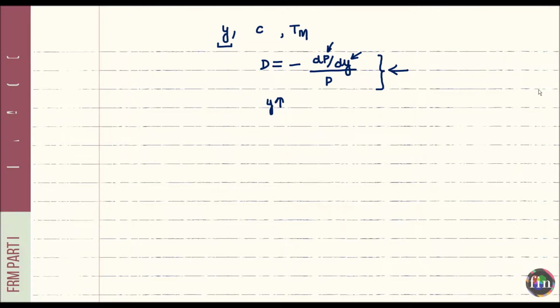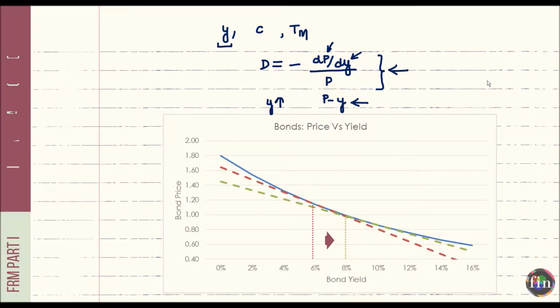To do that, let's plot the price versus yield relationship of a fixed income security, specifically a fixed coupon bond, and see if by looking at this profile, P versus Y, we can figure out how D reacts to changes in Y. If you plot this relationship, we know it's an inverse relationship, shown here by this blue curve, and we know it's a convex relationship.